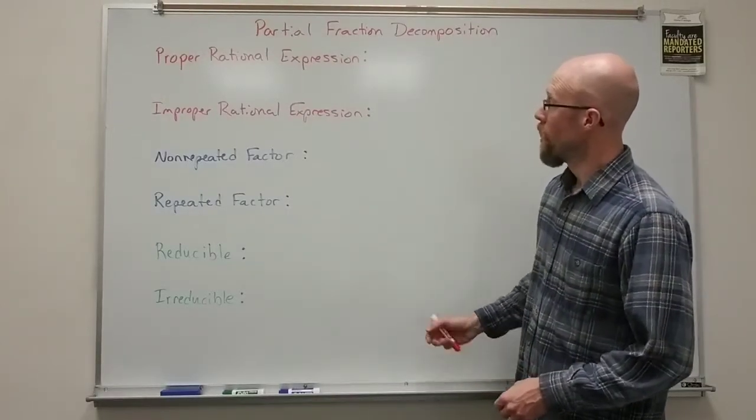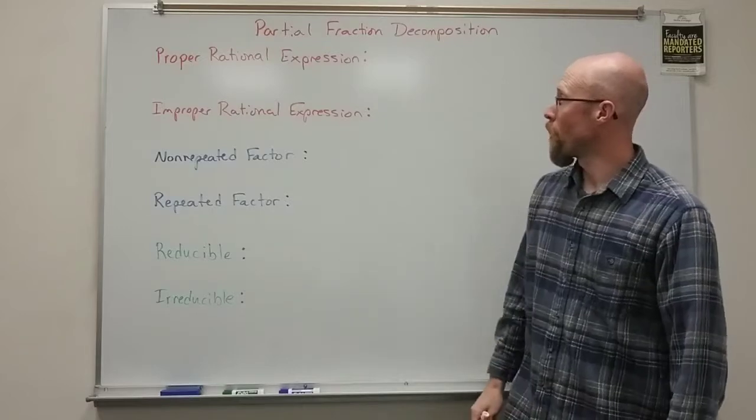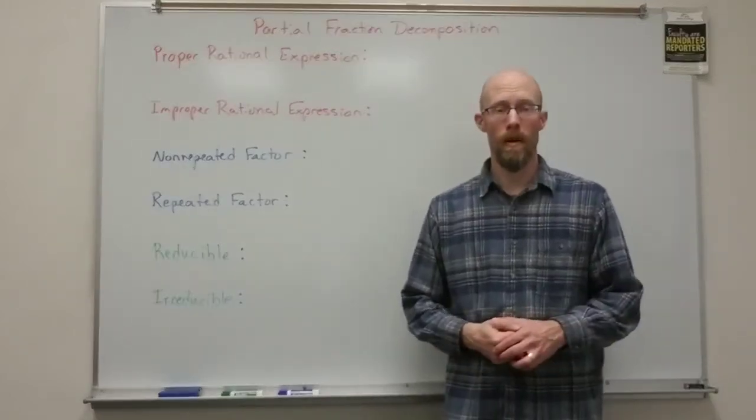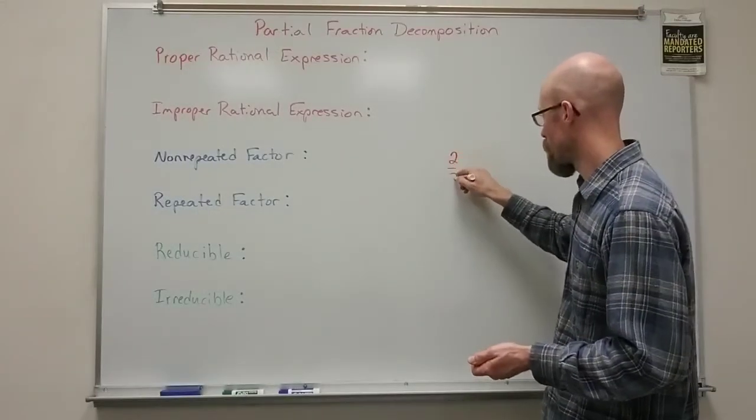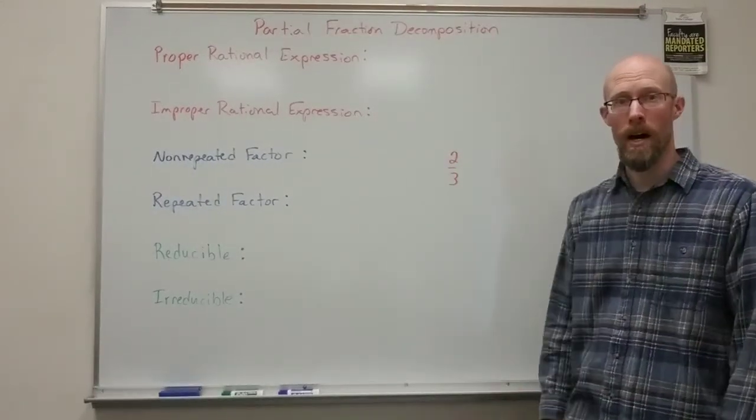The idea of a proper rational expression: I'm sure you know what a proper fraction is. A proper fraction is something like 2/3 where the top is smaller than the bottom.